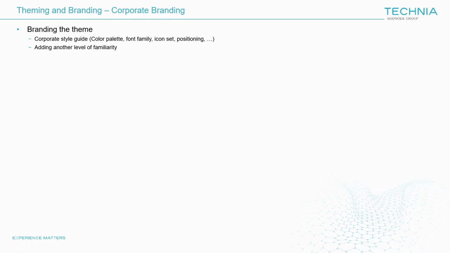Icons that may be meaningful to you as a company, and also where elements should be placed and all of these things. So if you as an employee of this company see that the company has employed their corporate style guide to the software, then that could bring another further level of familiarity to the web app.